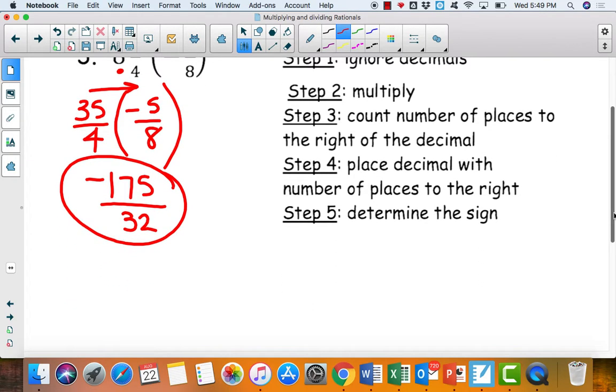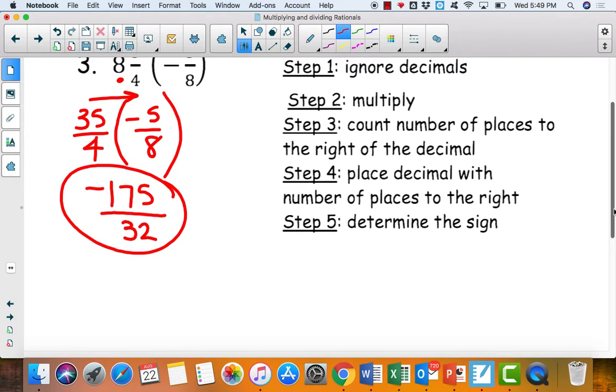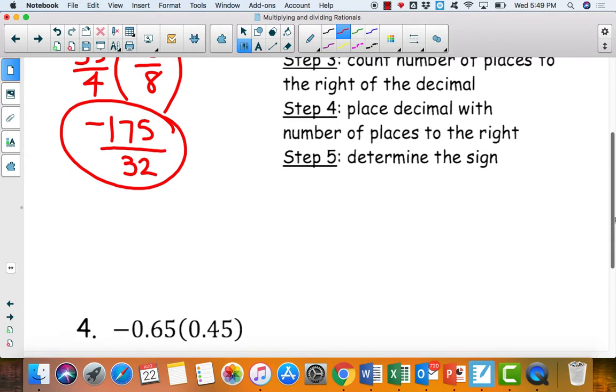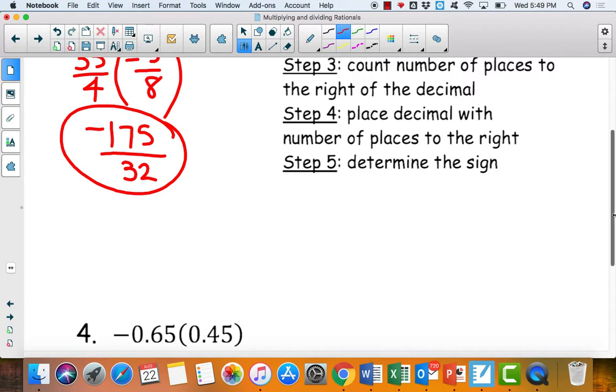Number 4, I'm going to try and show the steps as well as the problem. So the first thing I need to do is ignore the decimals and multiply as normal. So I have 65 times 45. 5 times 5 is 25.